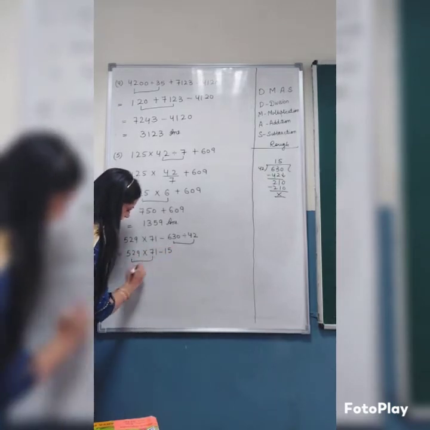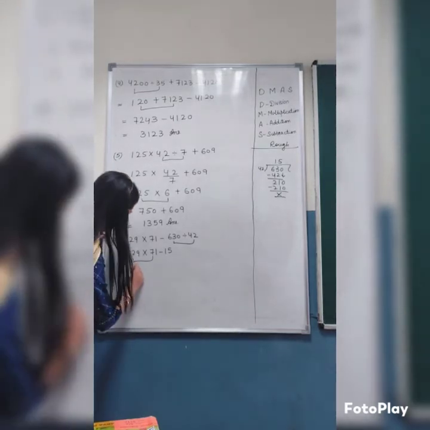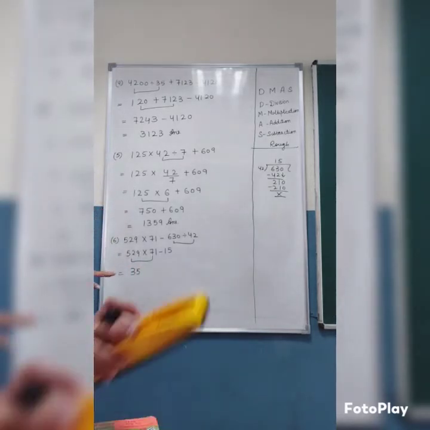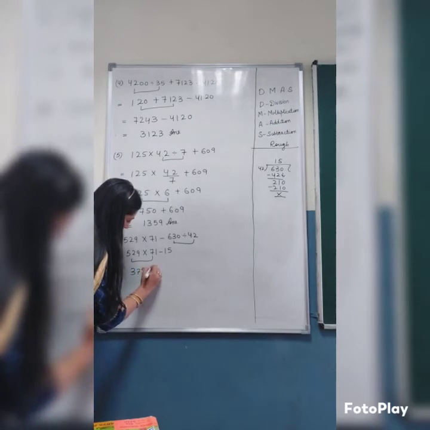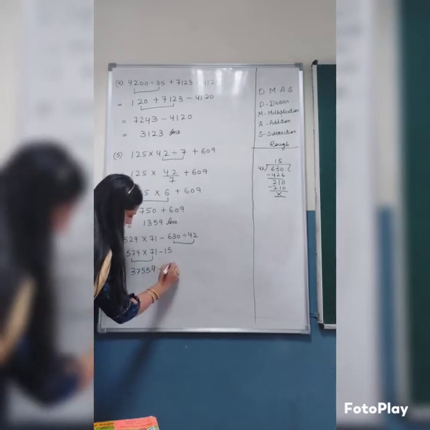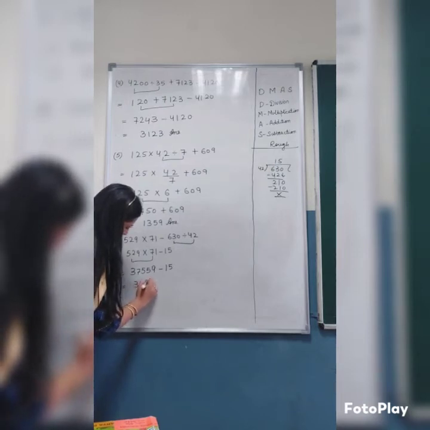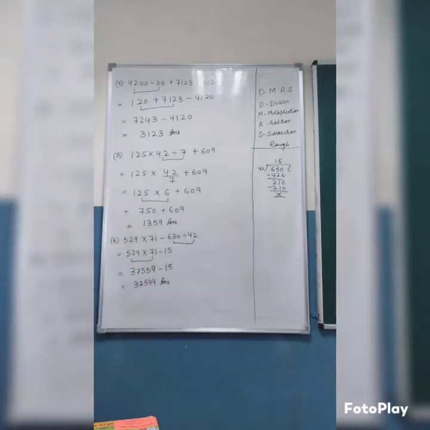Now multiply 529 by 71 and we get 37,559. Minus 15, we get 37,544. This is the answer.